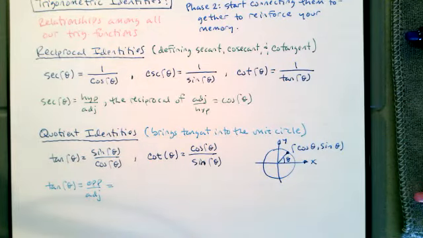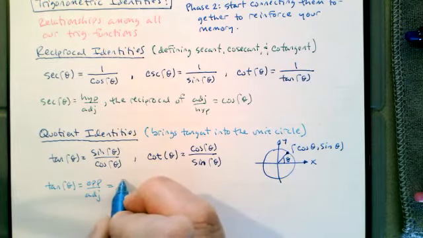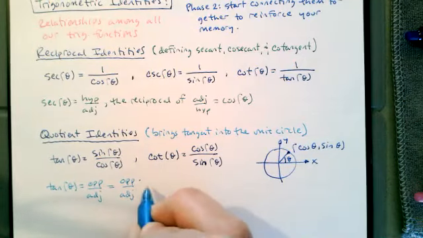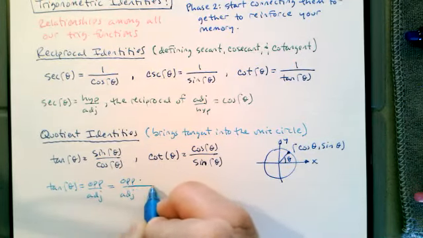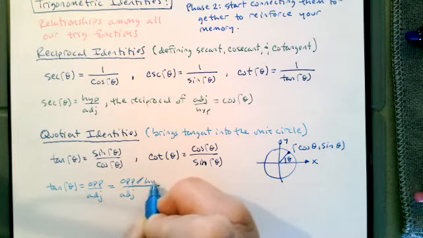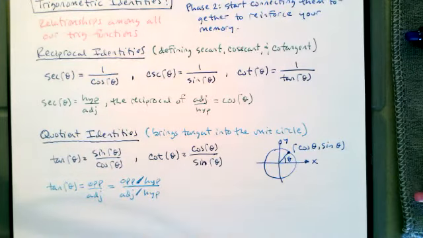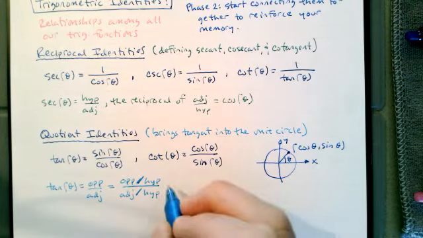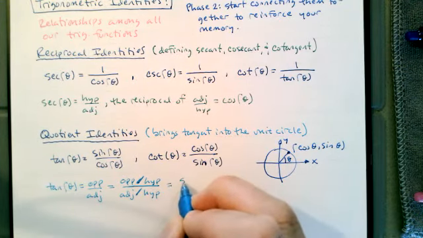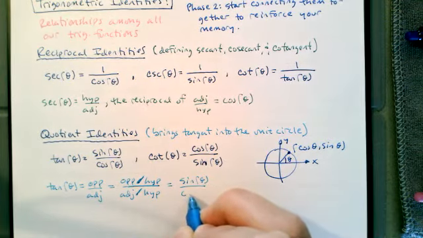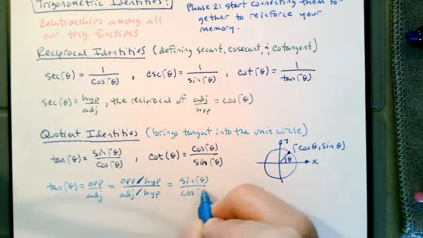If I divide the top and bottom by the hypotenuse, I get opposite over hypotenuse, which is sine of theta, and adjacent over hypotenuse, which is cosine of theta.